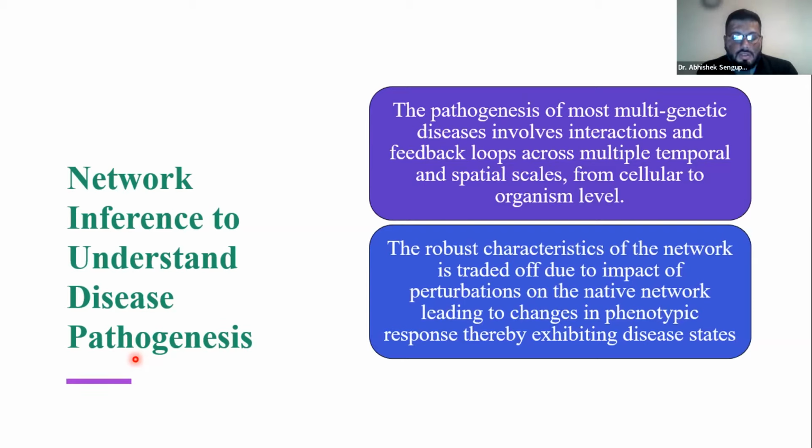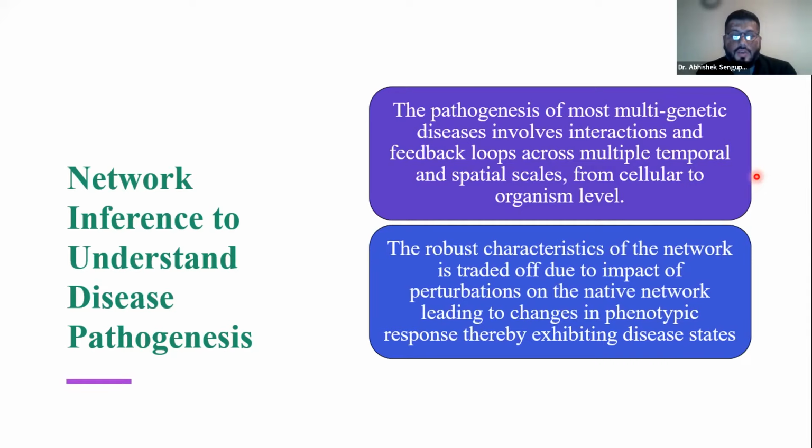All right. So systems biology is used to decipher the multiscalar pathogenesis. One second, I cannot see the slide. The pathogenesis of most multigenetic diseases involves interactions and feedback loops across multiple temporal and spatial scales, from cellular to organism level.